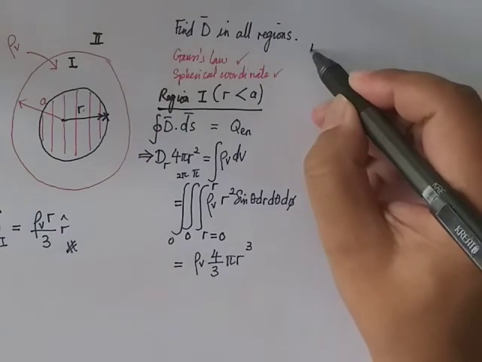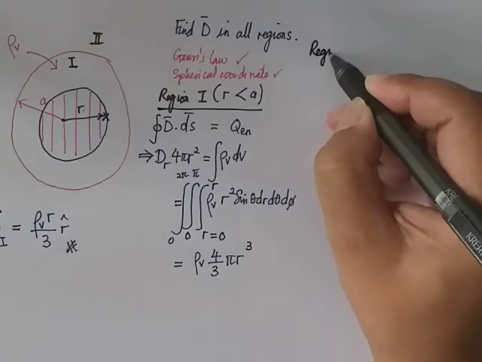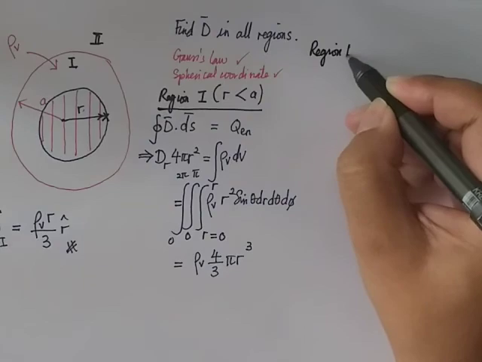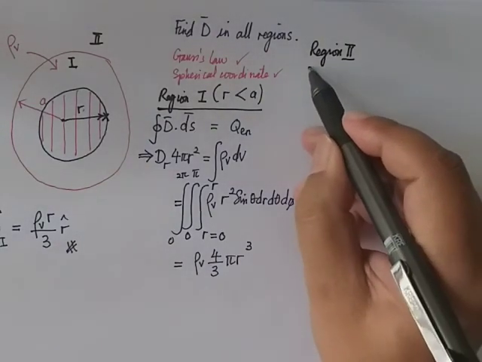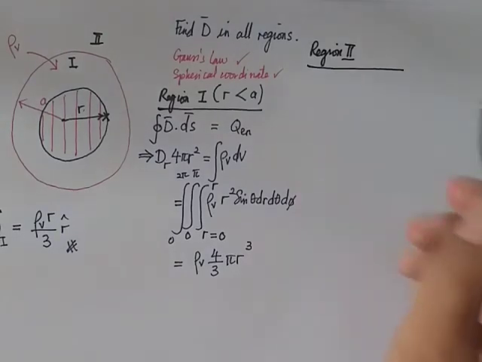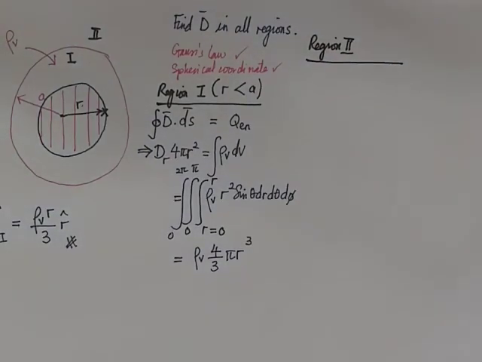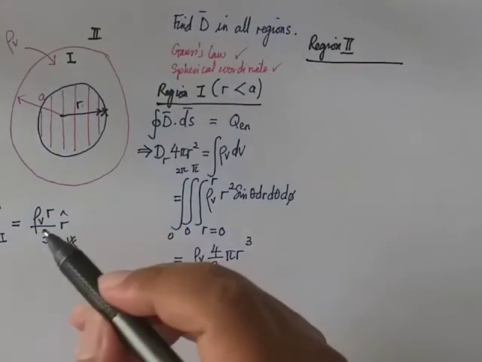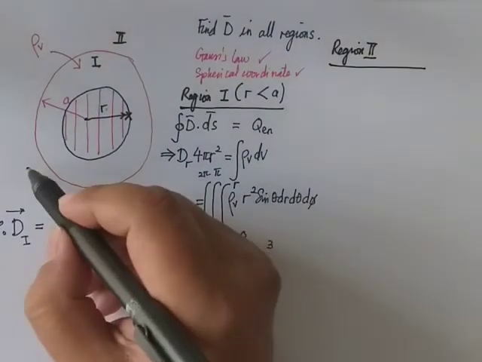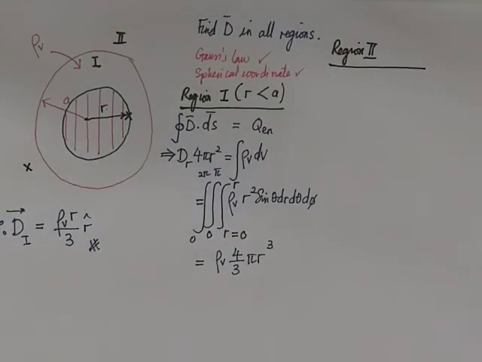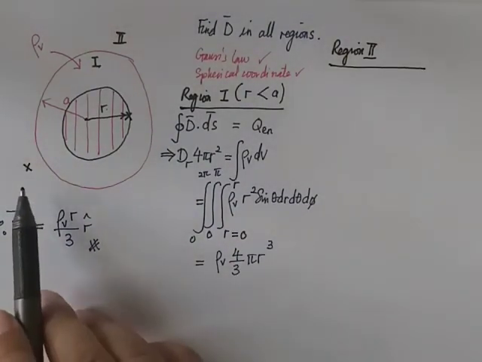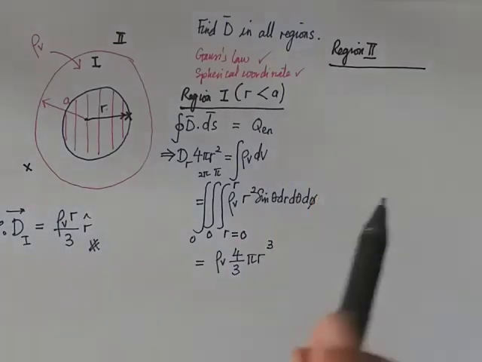If you do as many examples, you can see all these things actually repeating themselves. So region number 2 should be my second concern now. I'm going to draw region number 2, let's say here. Correct? So this is the location for region number 2.